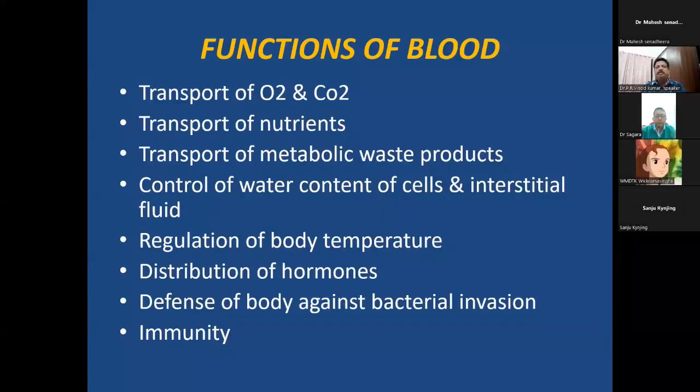Transport of metabolic waste products. After metabolism, so many waste products are formed. For example, after protein metabolism in each cell, urea is produced, uric acid is produced. Uric acid is a toxic metabolic waste product. It is being transported from the tissue to the liver by the blood only.